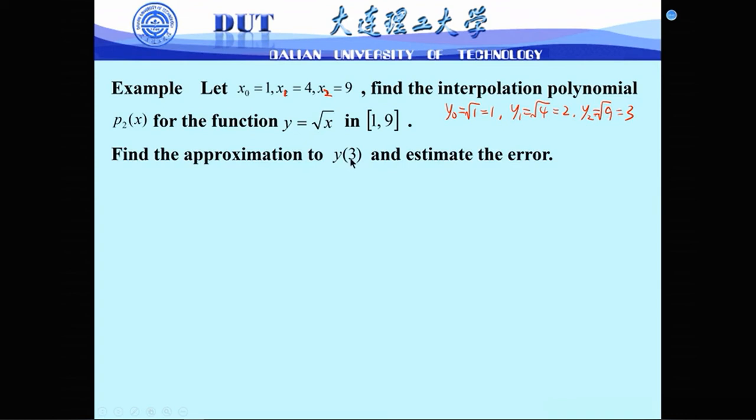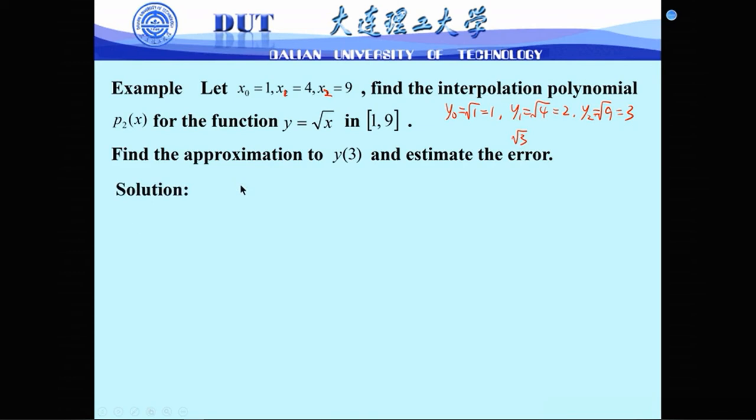That means we want to approximate the function value square root of 3, to find the approximate value, and we need to estimate the error.